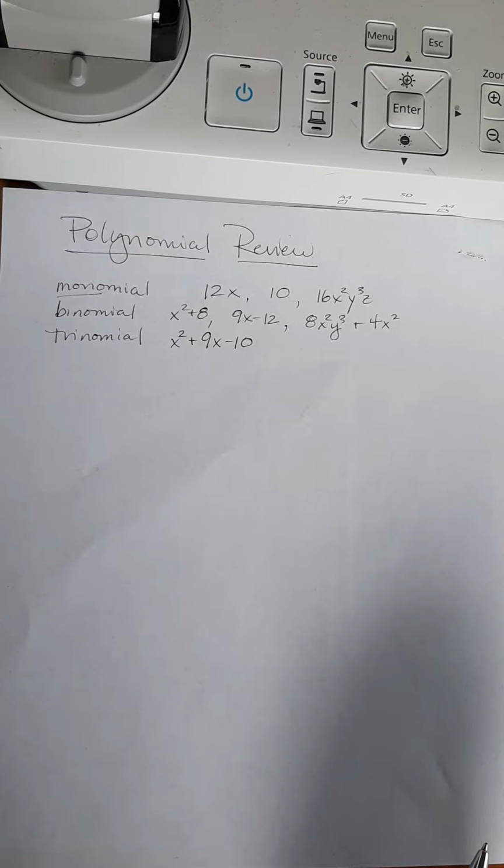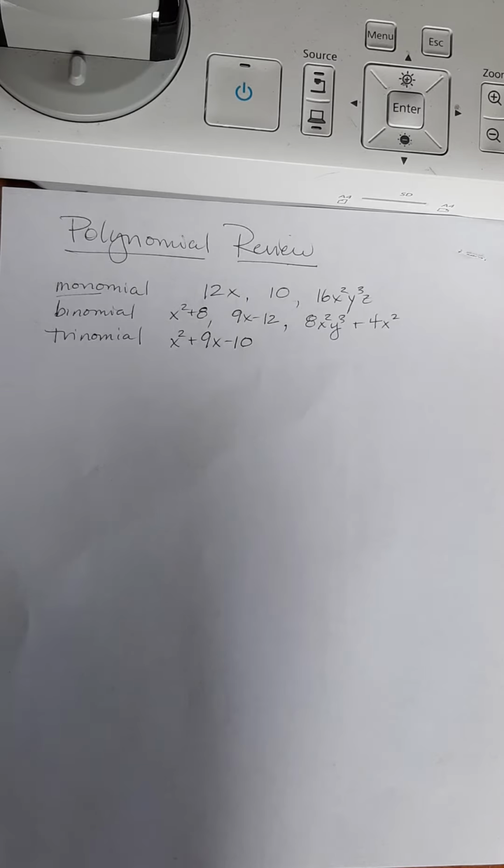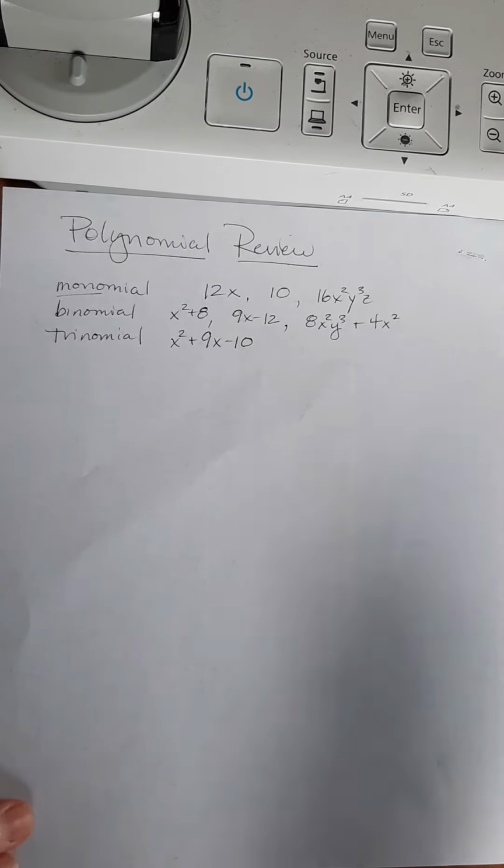Now, the second part of classifying is degrees. Degree has to do with the highest number of variables or exponents, or let me rephrase that. Degree is if you look at the variables in each term, the highest total power that's there.